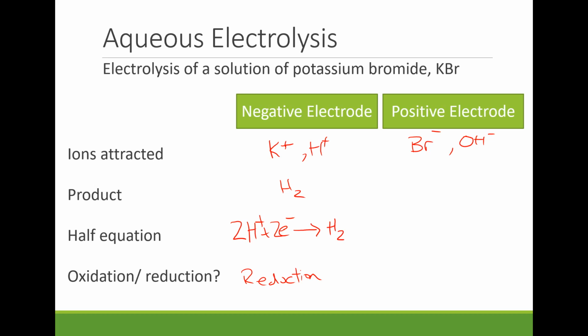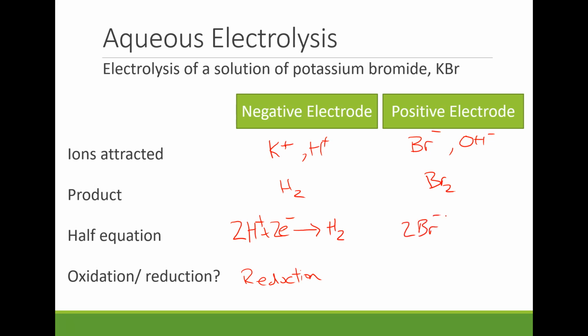Brilliant. Okay, so let's turn our attention to the positive electrode, bromide versus hydroxide. Those are the 2 ions that are arriving. The test here is quite straightforward. Is there chloride, bromide, or iodide present? The answer is yes, bromide is present, so we form bromine. So the half equation here is absolutely familiar to you from our molten electrolysis, very similar.